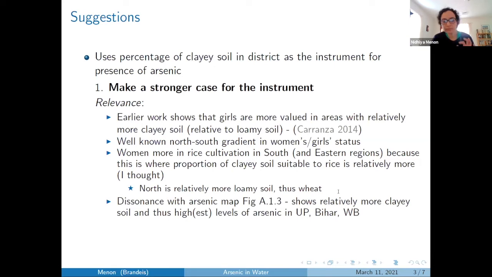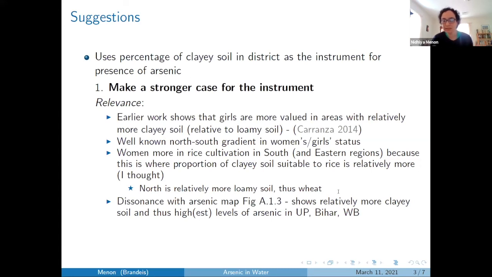So more specifically, and I should have put this figure in here, but this is the figure that you showed with the arsenic map, highlighting that in regions of Uttar Pradesh and Bihar and West Bengal and Assam, these are the areas where clay soil is particularly of a higher percentage and presence. And so that's where you expect to see more arsenic, right? That's the instrument that you're using.